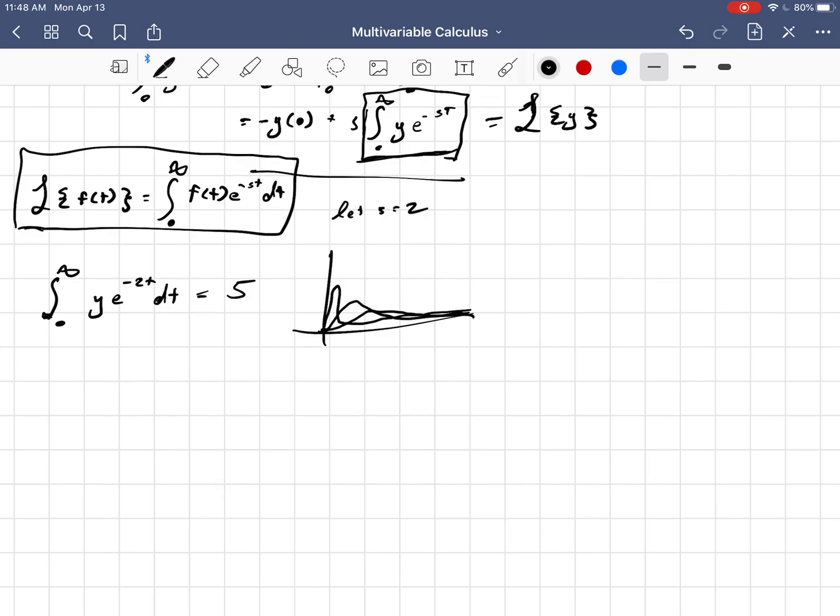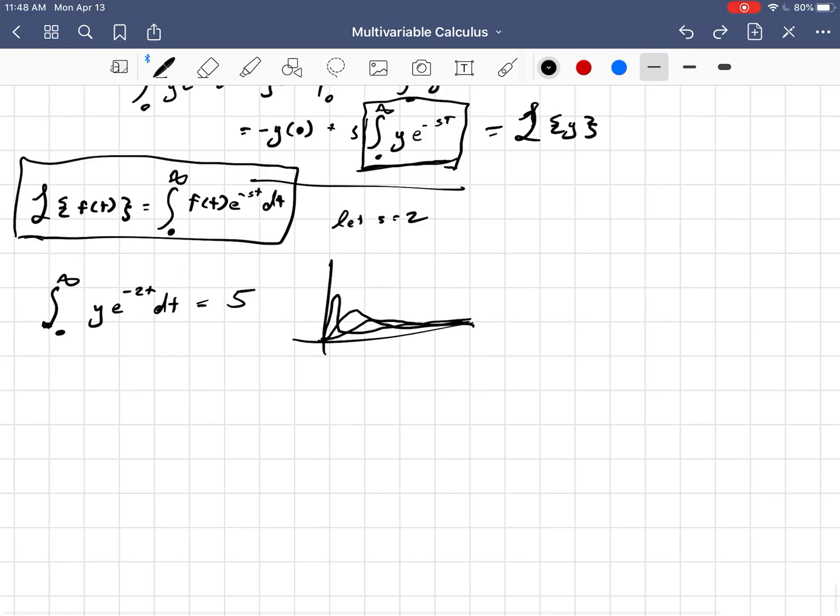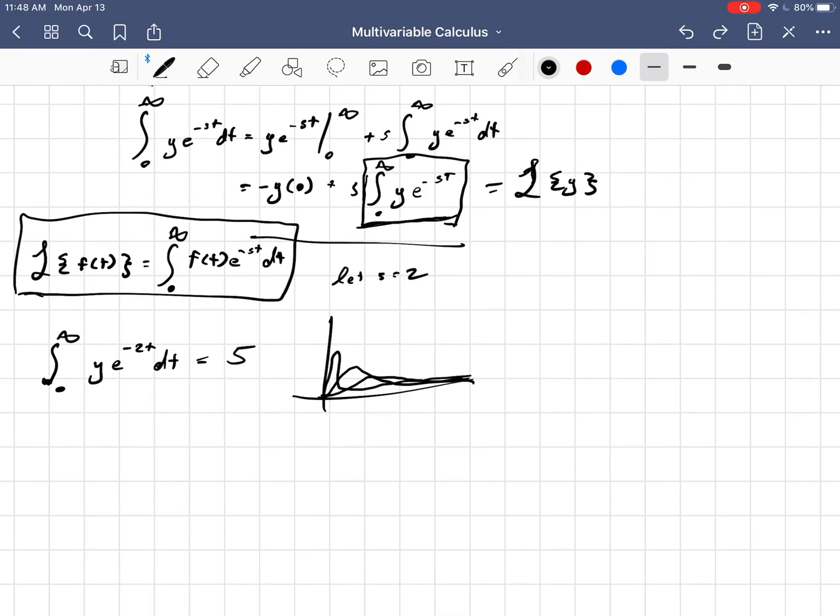The point I'm trying to make here is if we just pick a value of s, there is an infinite family of curves that satisfies this condition here. So we need more than that. We would instead just leave s as a variable.